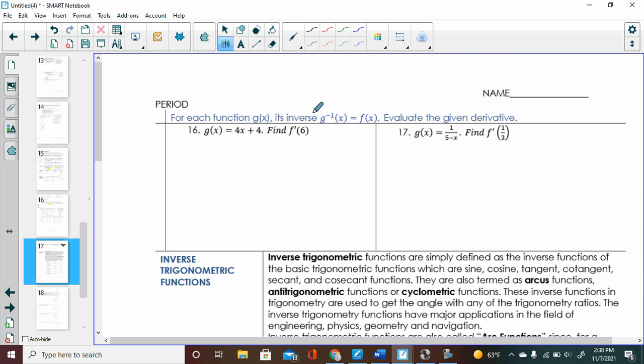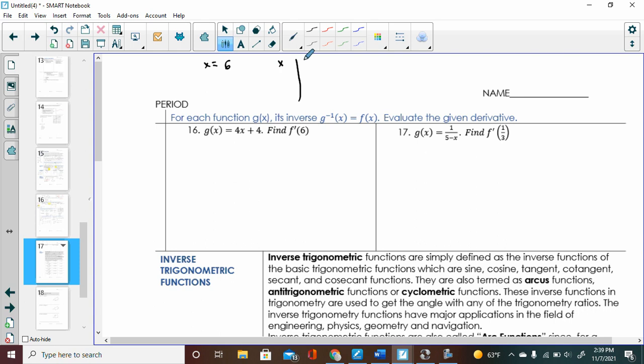It says for each function, its inverse equals f of x. Not really sure why I decided to do this, but I think I was trying to not complicate things, but whatever. So, when x equals 6, let's make a little table here.